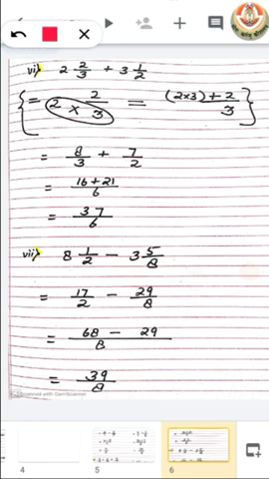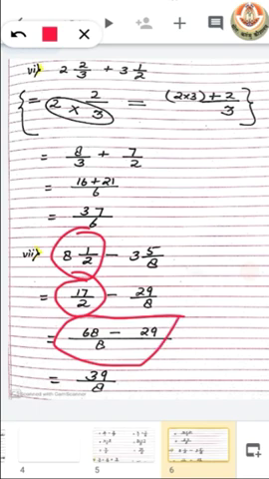Other than this, all the other processes are the same. The conversion of mixed fraction into improper, and the process of taking LCM is also the same as before.